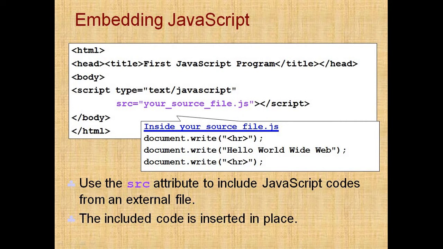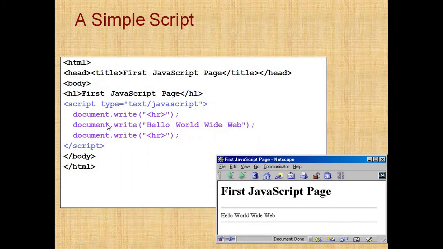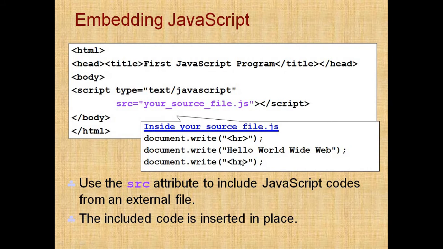If you want to make a simple JavaScript file, just save these 3 lines which we have written in this script part to a different file with the extension .js, and include the name here in the HTML file. So here is the code for embedding JavaScript. Embedding means using another file, or using a JS file, in your HTML page.